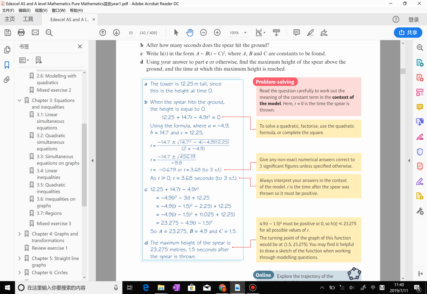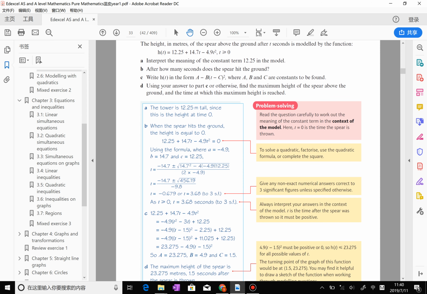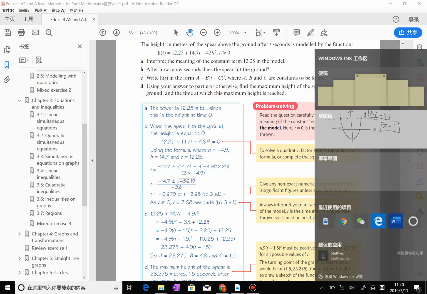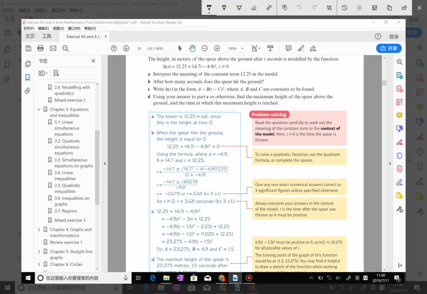Let's look at C. For h(t), we need to write it in the form a minus b times (t minus c) squared. A lot of students have questions about it, so I'm going to explain. This is actually asking you to write it in square form, which means you need to complete the square. To complete the square, we prefer to put it in descending order.